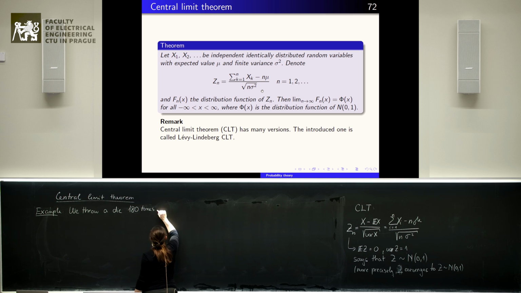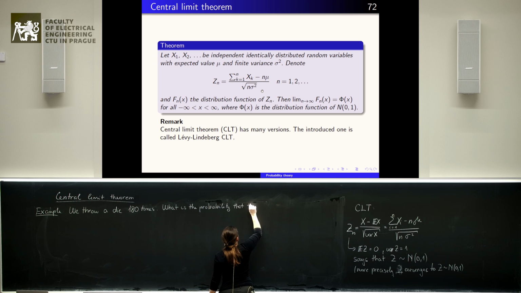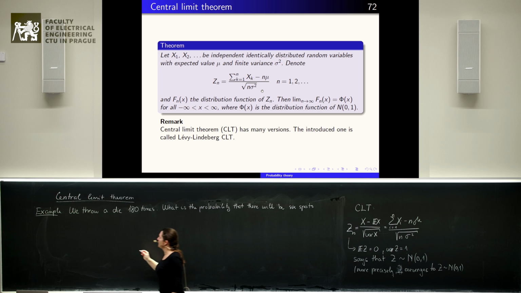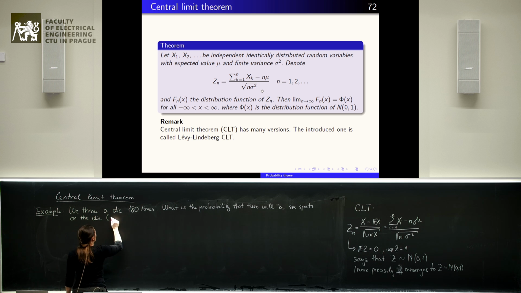And the question is, what is the probability that there will be six spots on the die, which we usually call success.